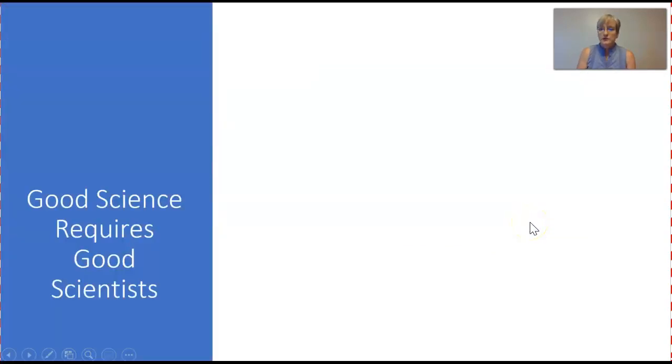Now, I like the way your authors start out this chapter by talking about what good science requires. Because sometimes for students, when they've not conducted research of their own, they're not accustomed to thinking about their research in a moral or ethical context.